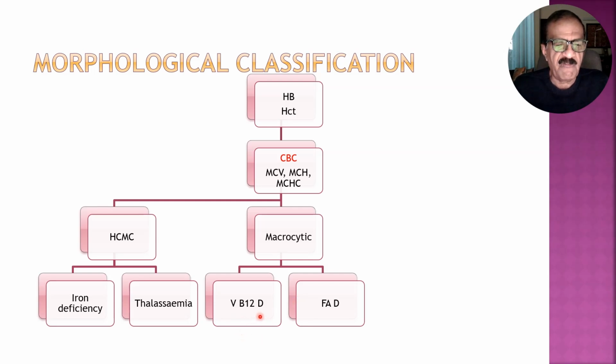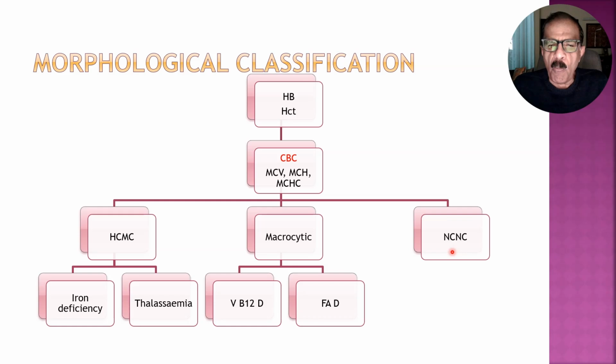Vitamin B12 deficiency can occur in chronic gastritis, in pernicious anemia, in some worm infestation, and folic acid deficiency can occur in patients who are on anti-folate drugs, and multiple causes actually. Both have multiple causes, but both may cause a macrocytic picture. And if you have vitamin B12 deficiency, there may be some neurological complications also, but luckily this is not common these days.